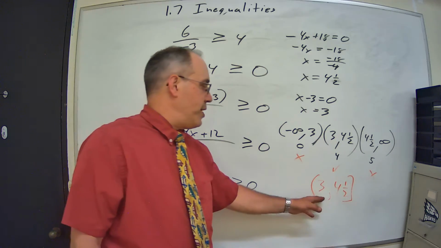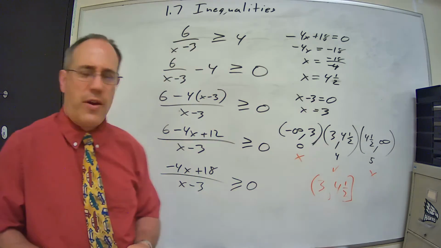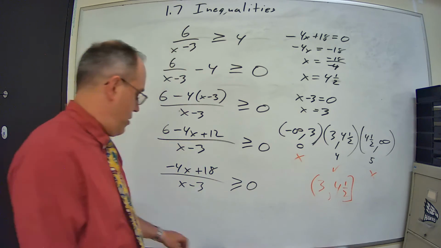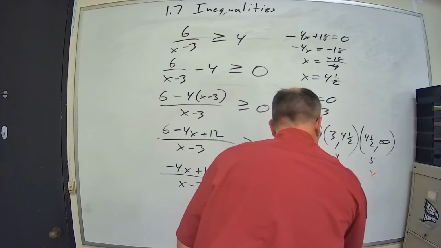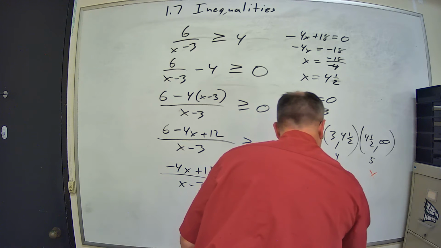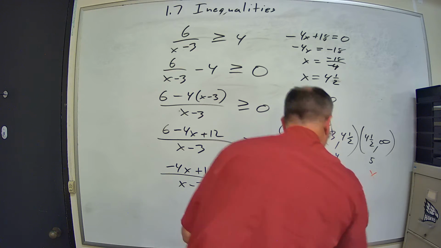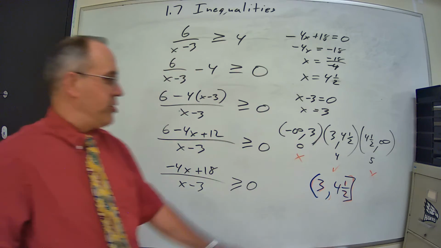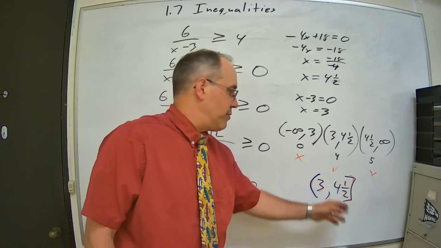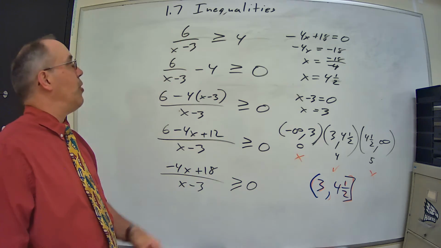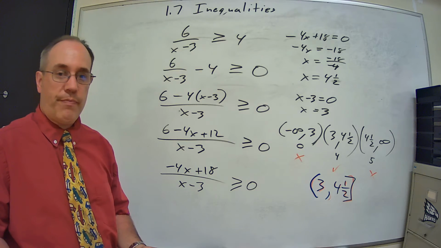So we're from 3 to 4.5 inclusive. I'm sorry, that marker did not show up well for that little part there. So let me just trace over that. So from 3 exclusive to 4.5 inclusive is our solution to our inequality.